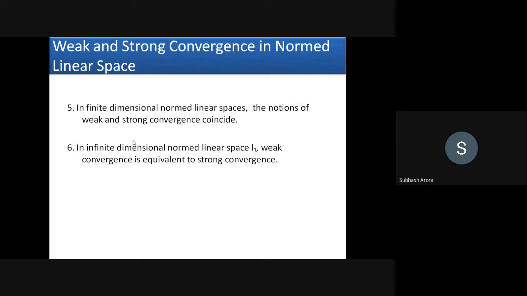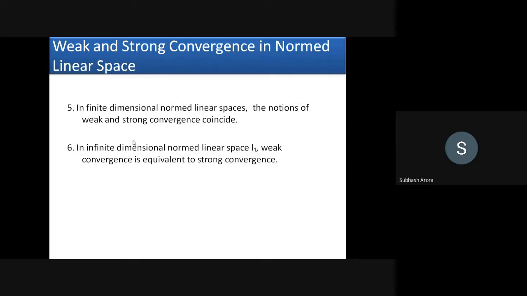Will we get that this space is finite dimensional? The answer is definitely no, because there are infinite dimensional normed linear spaces where weak and strong convergences are identical, but still the space is infinite dimensional.